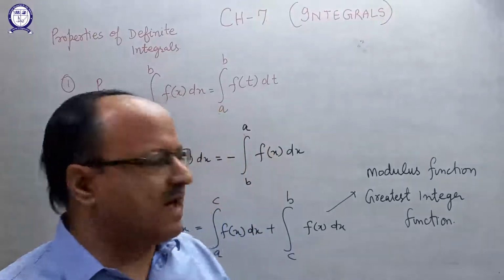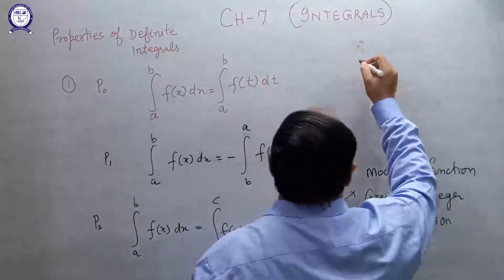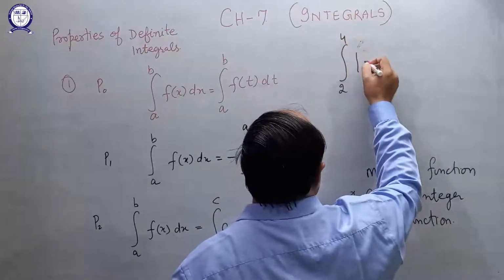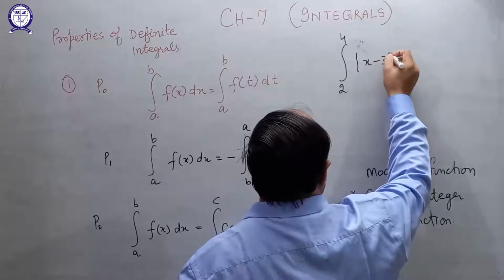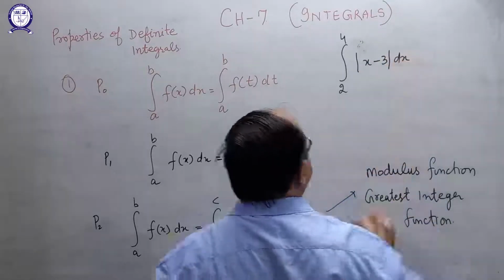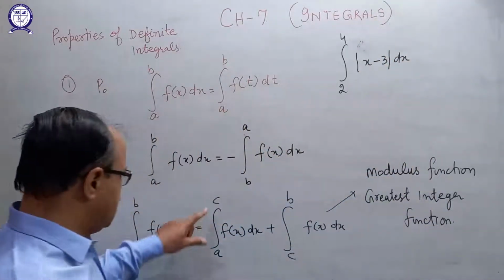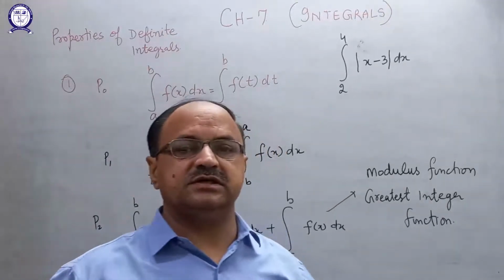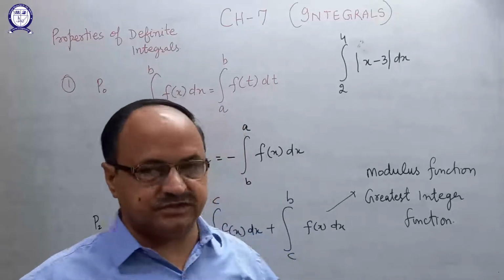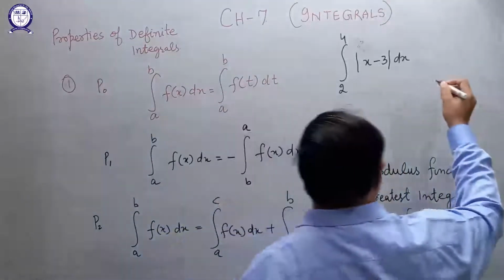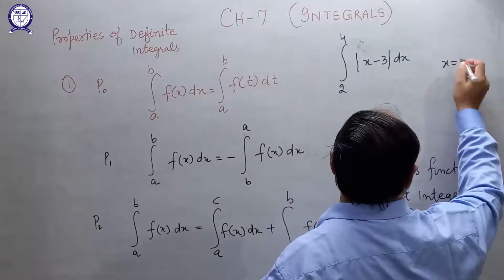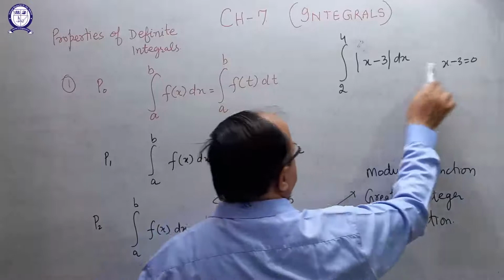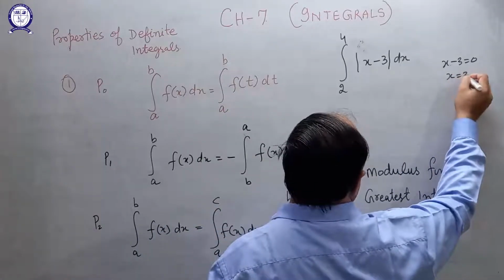And how can we apply it? Integration 2 to 4, suppose, and the question is mod x minus 3 dx. This c is called the breaking point, the turning point of the modulus function. Therefore, put x minus 3 equal to 0, then x is equal to 3.